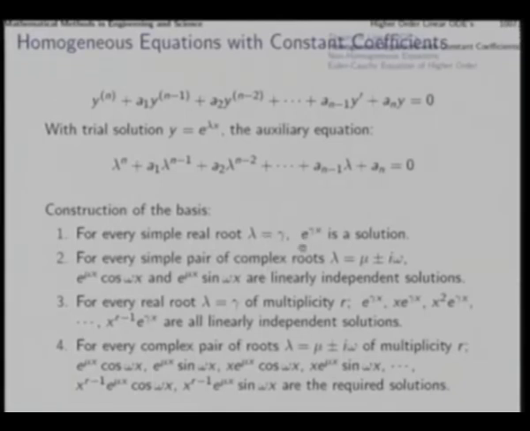That is, for every simple real root, the corresponding exponential function will be a solution of this differential equation, because that is the idea with which this was started. For every pair of complex roots like mu plus minus i omega, you will say that e to the power mu plus minus i omega will be two solutions.